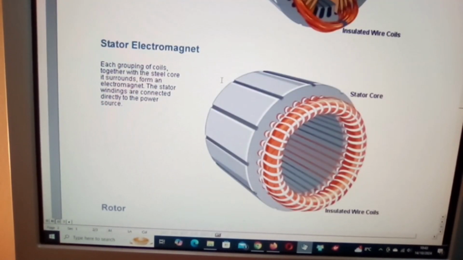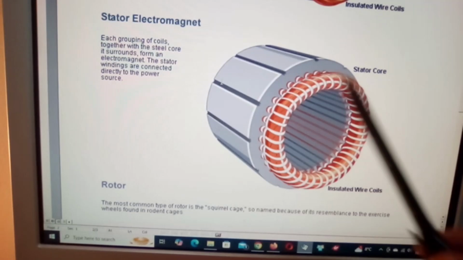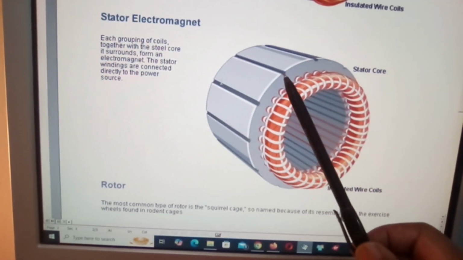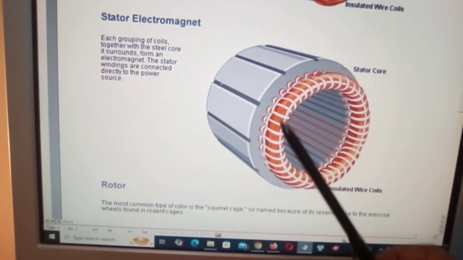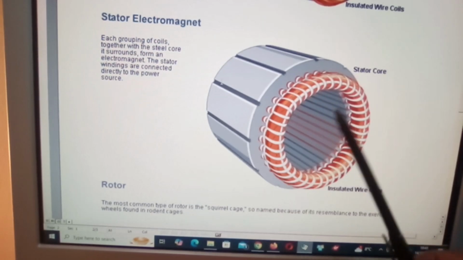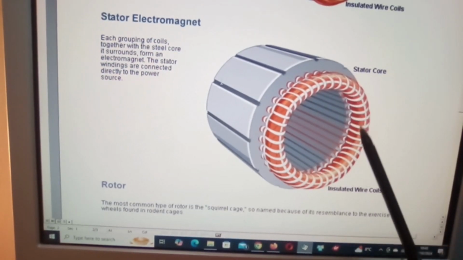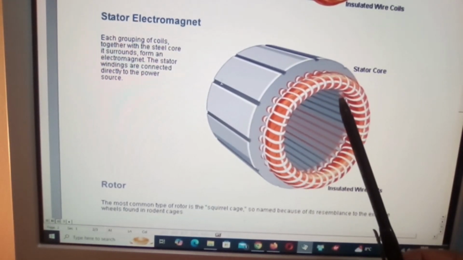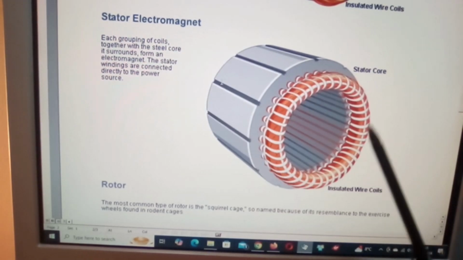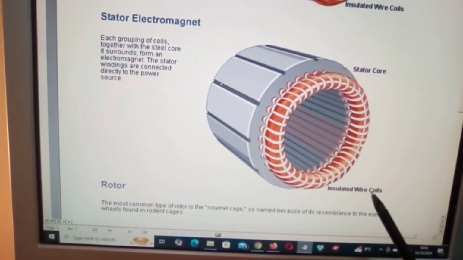And here we have the finished job. Now this is the finished work. You can see the neatness of it and the professionalism that goes into creating this stator core. Stator core insulated wire coils.